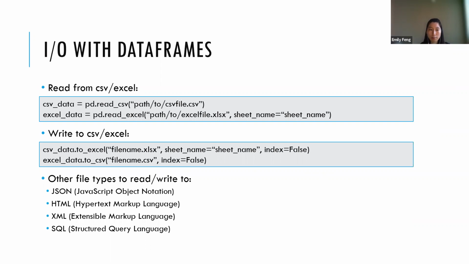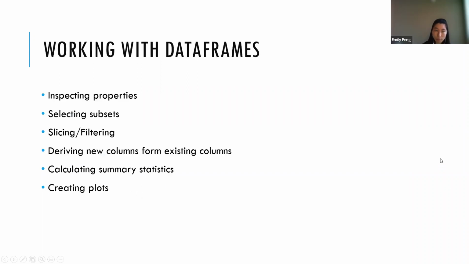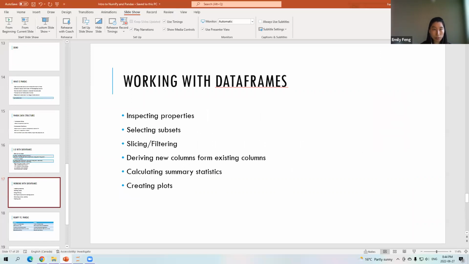I will not touch upon all these here, but just know that Python Pandas is very flexible, and you can connect it to many different file types. Okay, so I will go into how to work with these data frames, just the basics. I will go back to Jupyter Notebook.